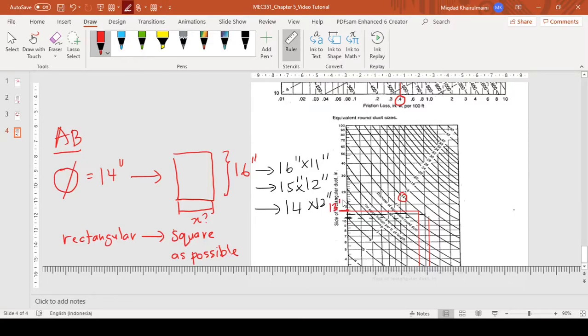So the best size for our ducting is 13 inches times 13 inches for AB. So we can fill in the answer for AB here just now.